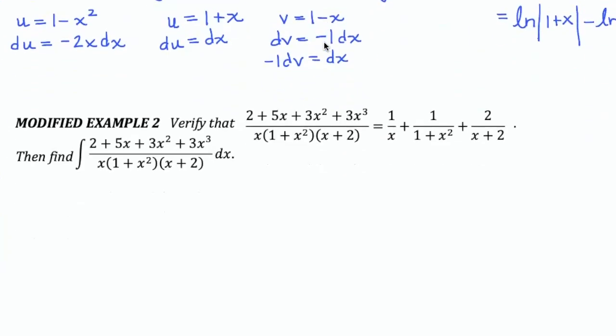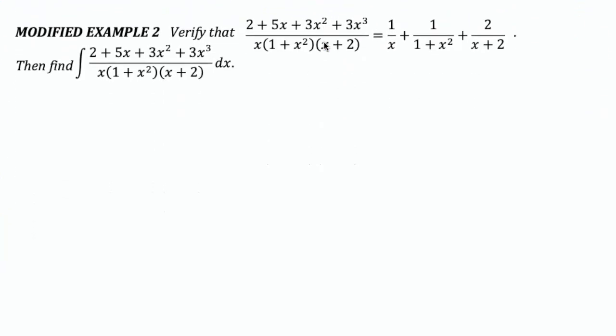So let's take a look at modified example 2 here. I'm telling you that this mess is equal to the sum of these 3 separate fractions. So first I want you to verify that that relationship is true, and then use that fact to integrate to get this integral here.